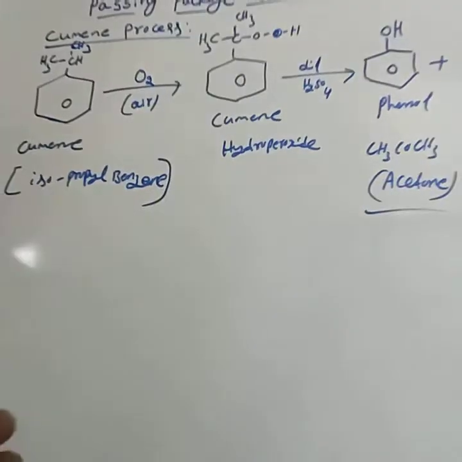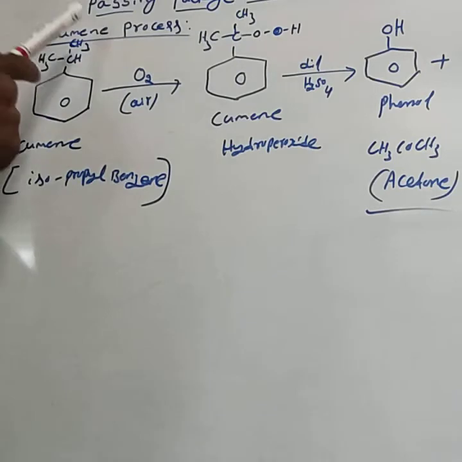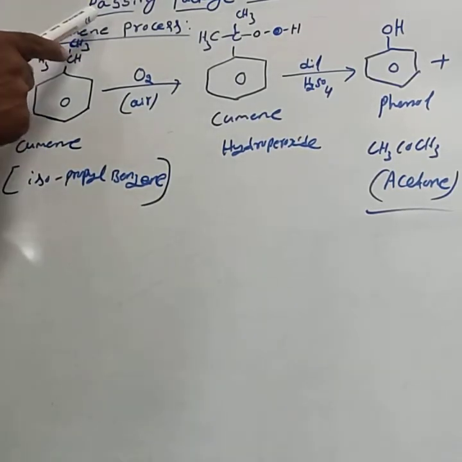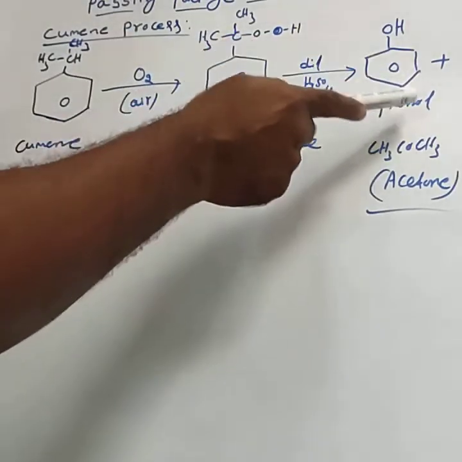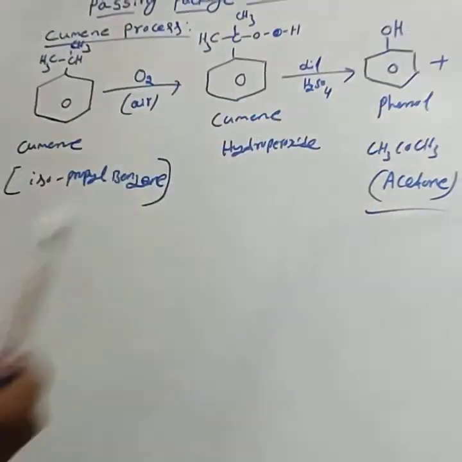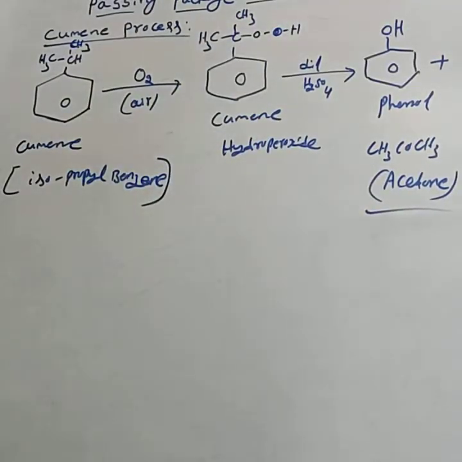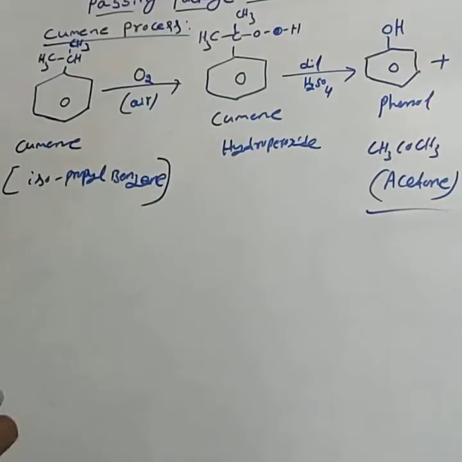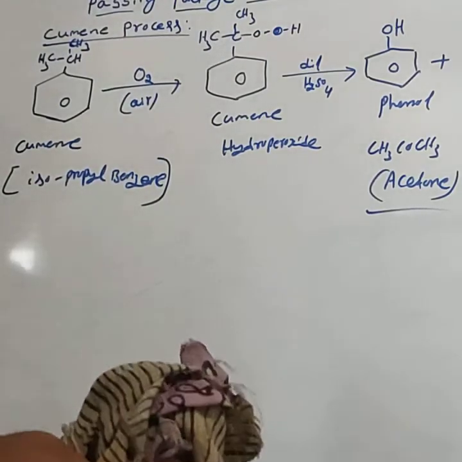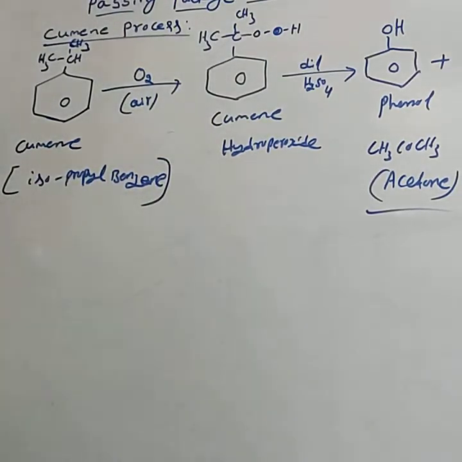Phenol and acetone are formed. Hence, this is called a commercial process because in addition to phenol, the byproduct formed is acetone, which is one of the useful organic compounds. Write down as it is, and you get 2 marks.